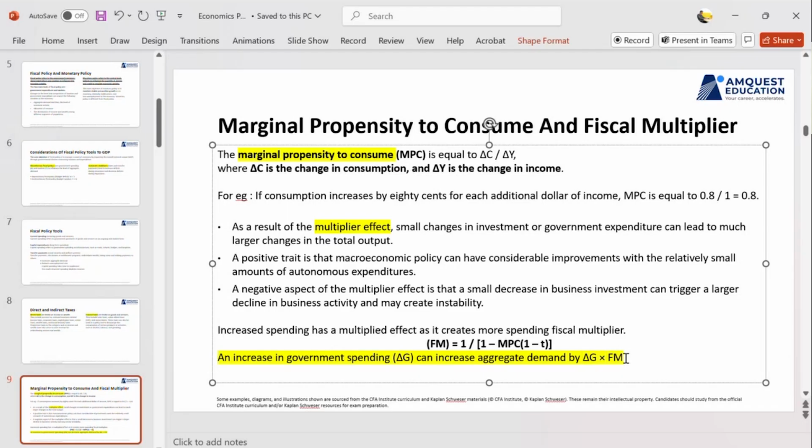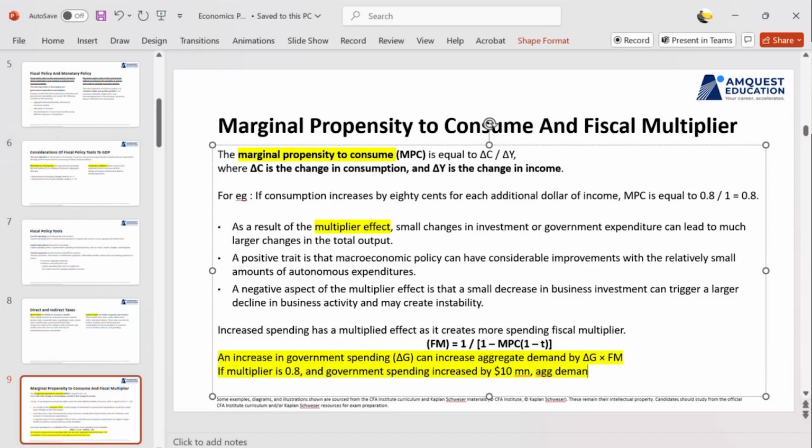So let's say the fiscal multiplier is 0.8, right? If the multiplier is say 0.8 and government spending increased by, let's say, $10 million. So think carefully, spending $10 million multiplies by 0.8. So what will happen? Aggregate demand will also increase.